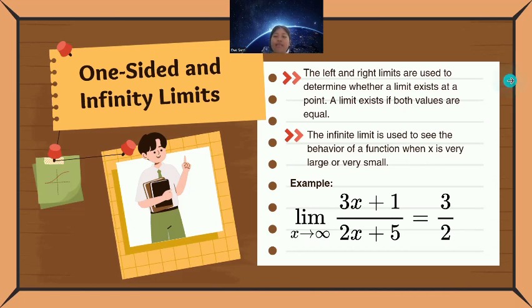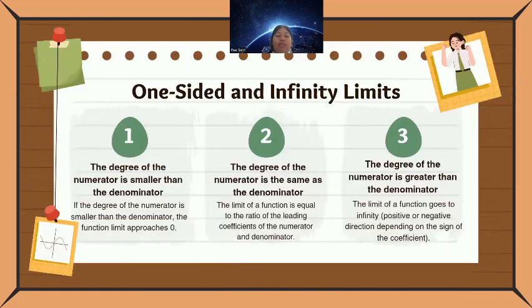Next, when calculating limits at infinity, we compare the degrees of the numerator and denominator. There are three possibilities. First, if the degree of the numerator is smaller than the denominator, the limit is 0.